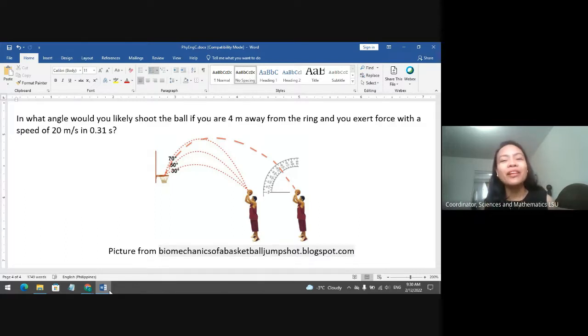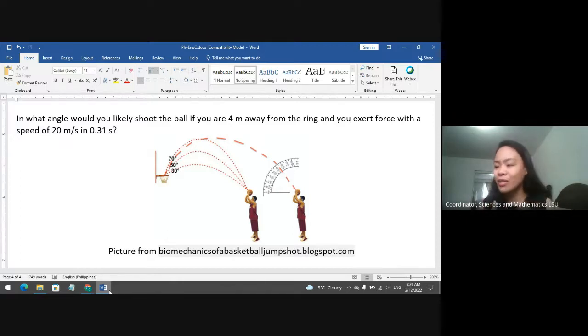Now, you are asked what angle you are going to use in order to shoot it. You are 4 meters away from the ring. I'm not familiar with basketball anyway. So now you exert a force and the ball goes at an initial speed of 20 meters per second, and the ball reaches the ring in 0.31 seconds.